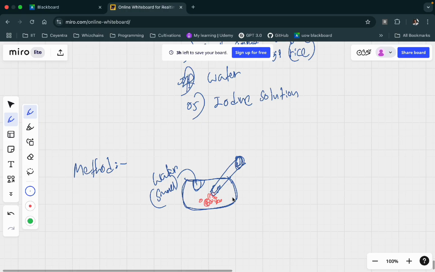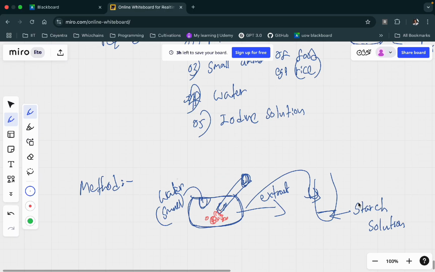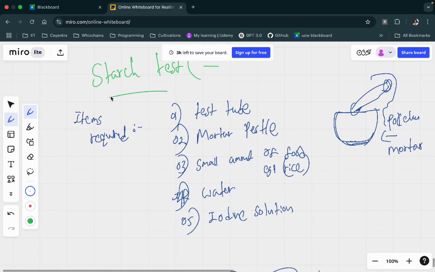Then you need to extract this solution into a test tube. Which solution? Starch solution. So this is the test for starch, no?